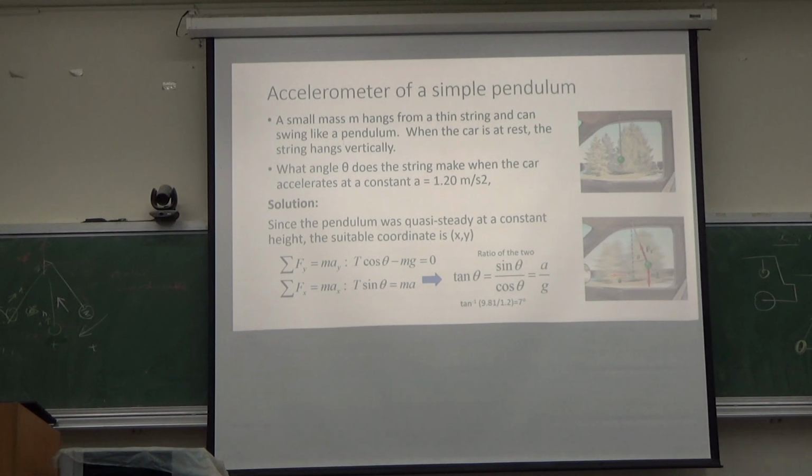In this case, you can see what is pulling the pendulum: it is T, the cable tension. This cable is inclined with the horizontal direction by angle theta. So if you now write the equation of motion, this is the pendulum mass.